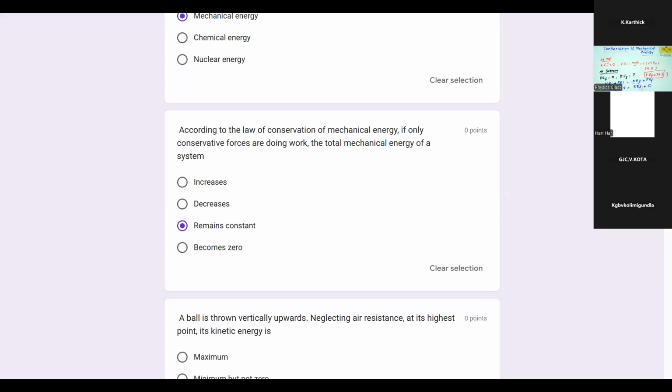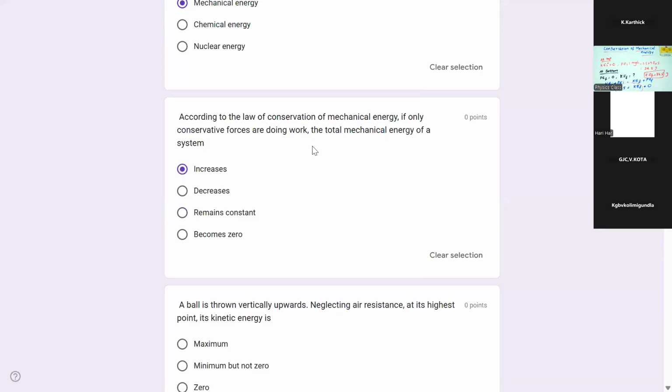Very good responses. So according to the law of conservation of mechanical energy, if only conservative forces are doing work, the total mechanical energy of the system remains constant. Good, great, very good.